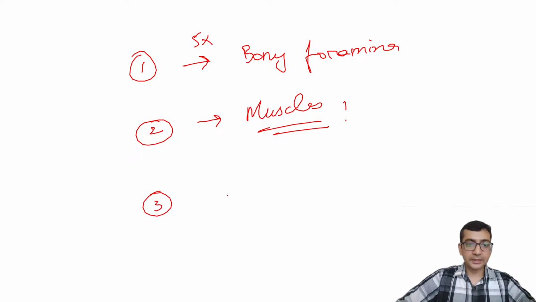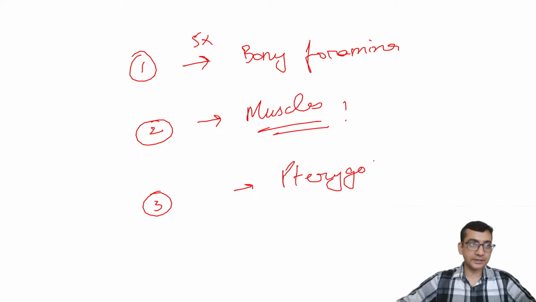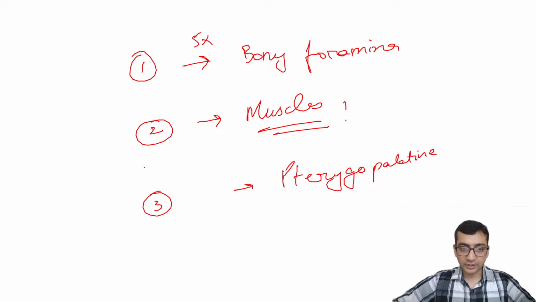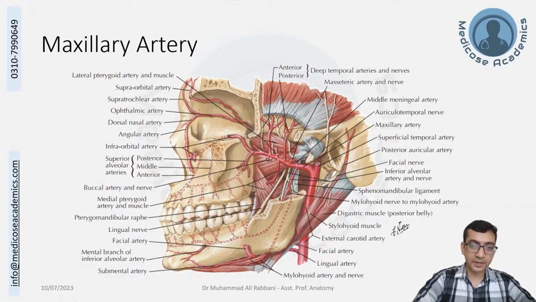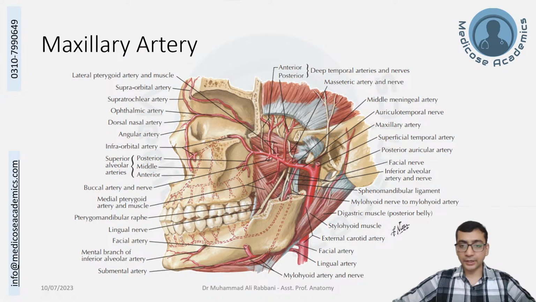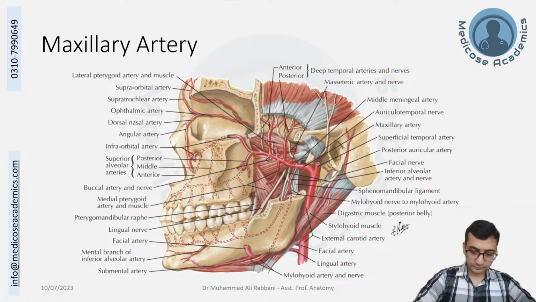In part three, they are in the pterygopalatine fossa. We will read about them in that topic, the pterygopalatine fossa. Here I will be discussing these two sets of five and five branches: the five branches going into the bony foramina in the first part, and the five branches going into the muscles.